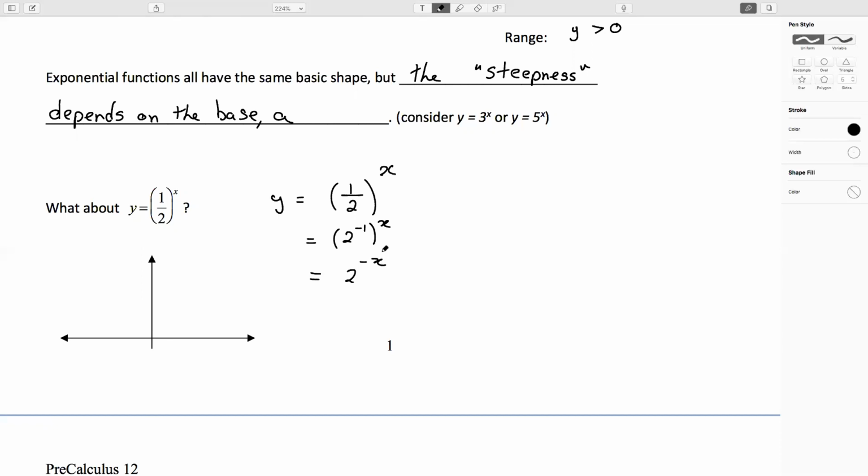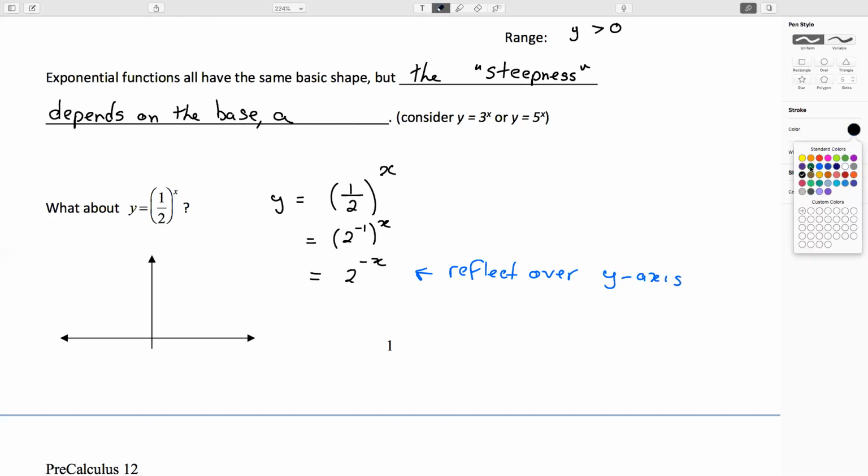If you think back to other chapters that we've done, when you replace x with negative x, it's like flipping over the y-axis. So it's no different here. Essentially, this means we're going to reflect over the y-axis. And this graph is going to look the same, but it's been flipped. So instead of increasing, the graph is now going to decrease.